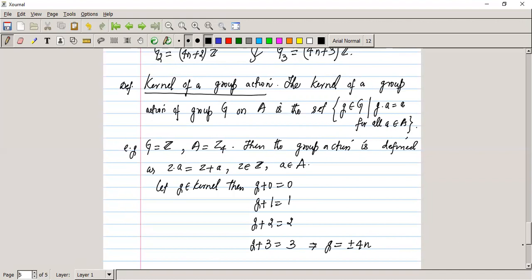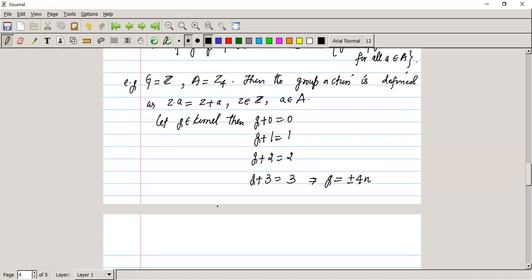So this implies the kernel of the action of Z on Z4 is 4Z.